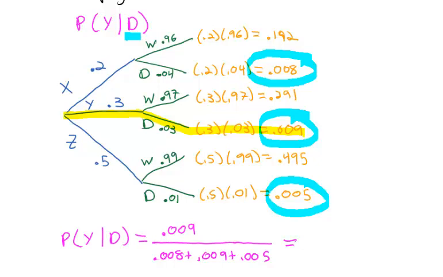When you type this in the calculator to make sure the addition comes out right, make sure the denominator is in parentheses. Typing it in the calculator with the denominator in parentheses, I'm coming out with 0.4091 after rounding. The probability that it came from company Y is 0.4091. Almost a 2 in 5 chance that it came from company Y.